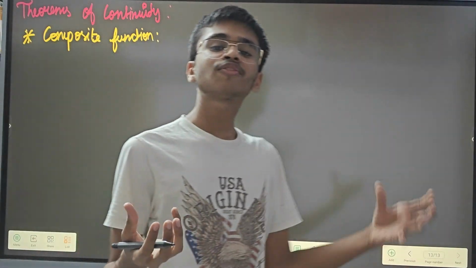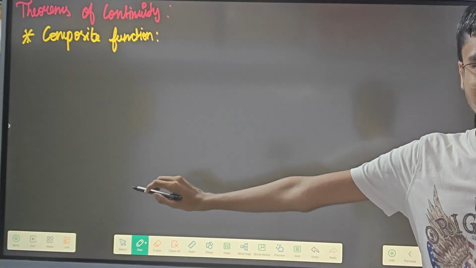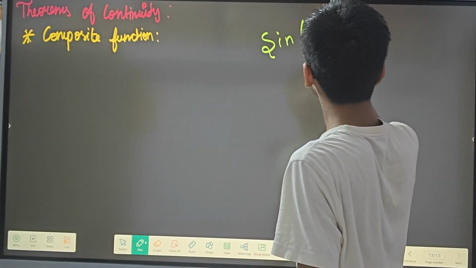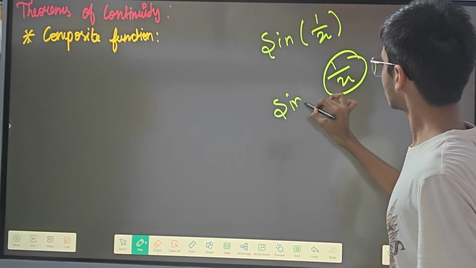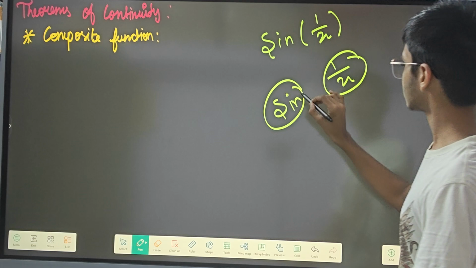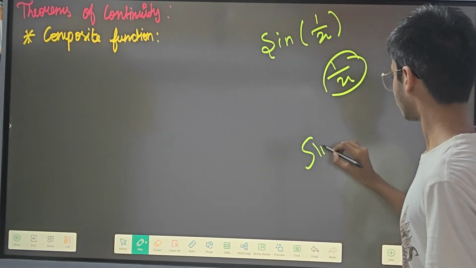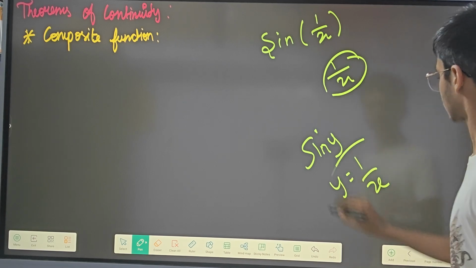See, when you are having a function inside a function, for example, coming to oscillating discontinuity, over there also we have seen sine 1 by x. 1 by x is a function and sine is also a function. You can take it as sine y, where y is equal to 1 by x.